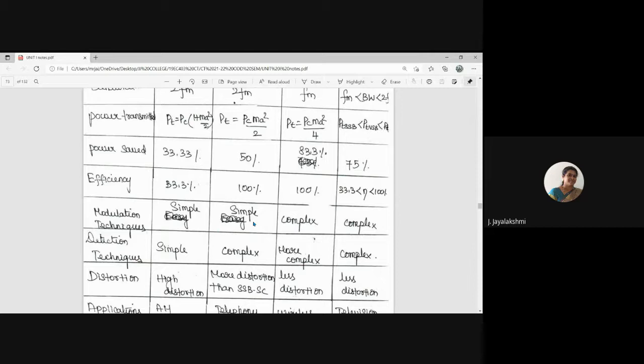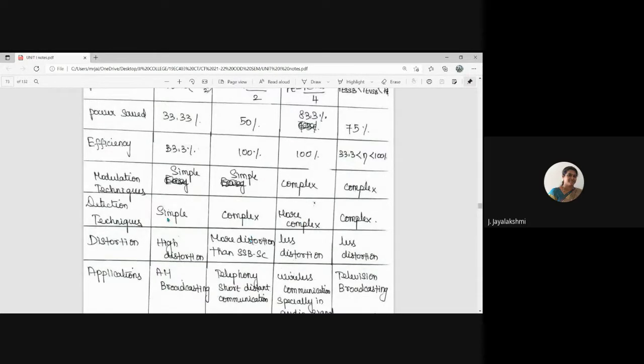Okay, so the modulation technique is going to be simple in this scenario. And coming to the detection, the same thing of complexity occurs. It is simple to detect with the carrier, but without the carrier you have to design an oscillator circuit, which is exactly what was used at the transmitter.